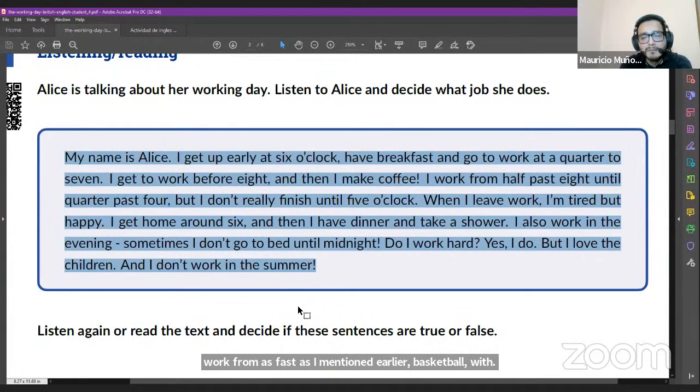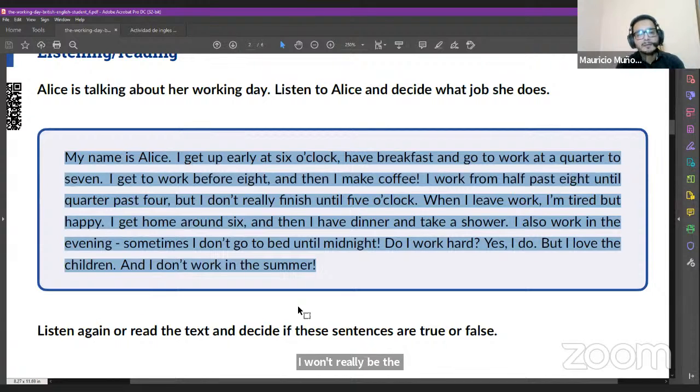When I leave work, I try to happy. I reach home around 6 and then I have the time in time and sober. It also works in the evening. Sometimes I don't go to bed until midnight. Do it work hard? Yes, it would. I love it in the winter and it don't work in the summer.